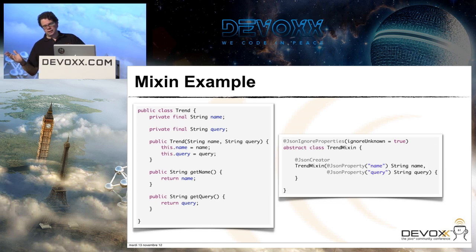But beside the class, I have another class that is abstract and defines a mixin on the class. I only have to annotate the constructor of the mixin with @JsonCreator, which is a Jackson annotation. And I put the annotation @JsonProperty before name and query with the name I want them to have in the JSON payload.